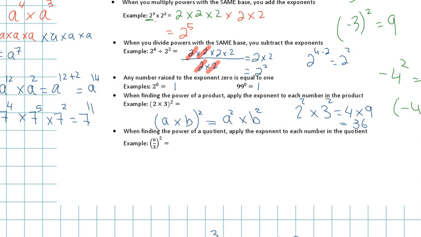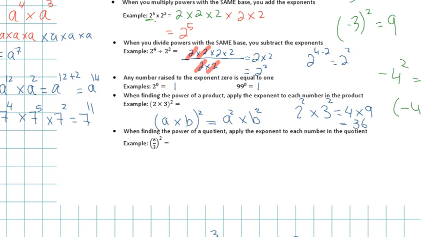If the 2 is outside the bracket, you apply it to A and B. Are you guys okay with this?